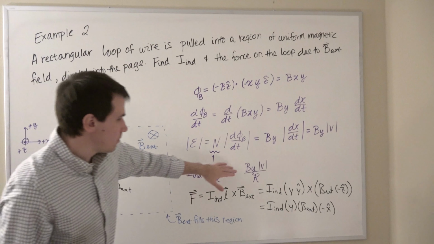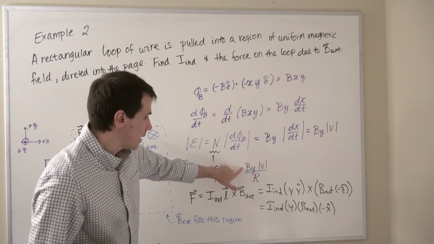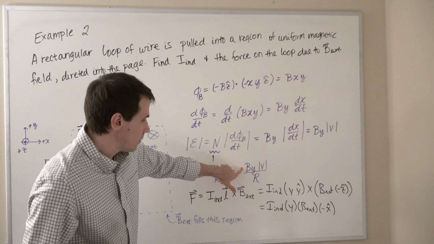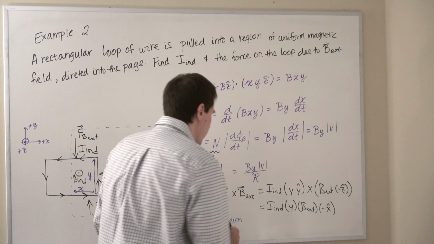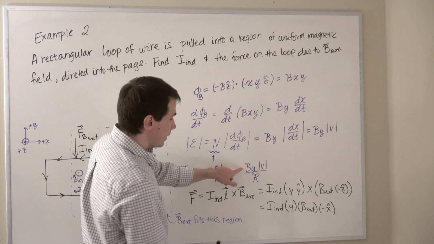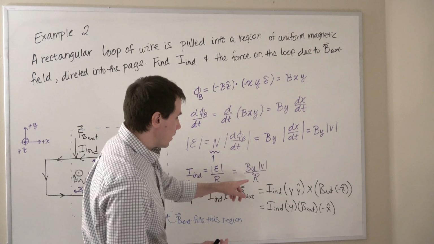And if I wanted to be more explicit, I could substitute in here the values from my induced magnetic field. Doing that quickly, this B here is my external magnetic field as well.